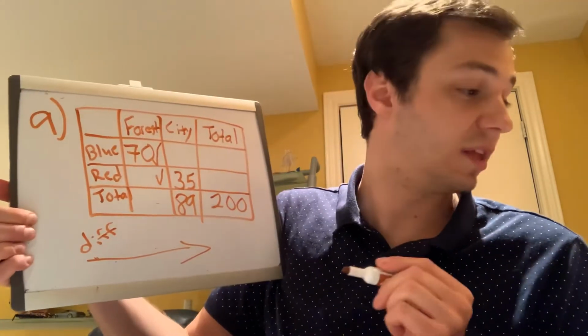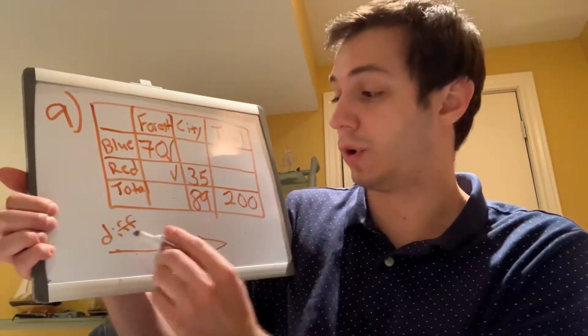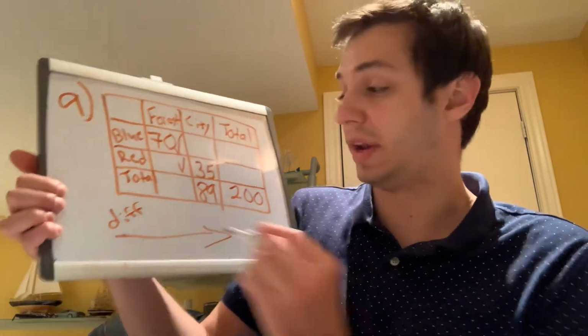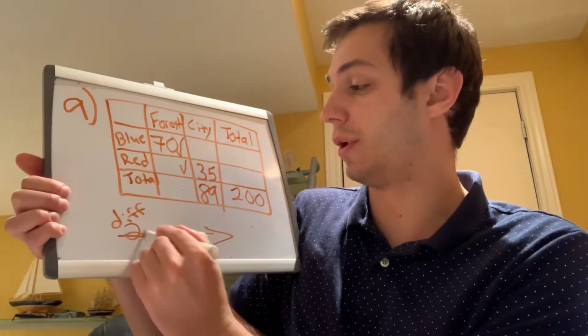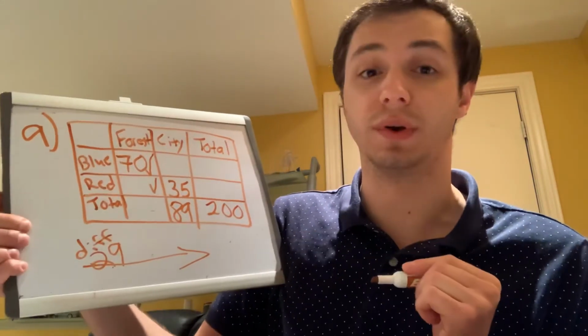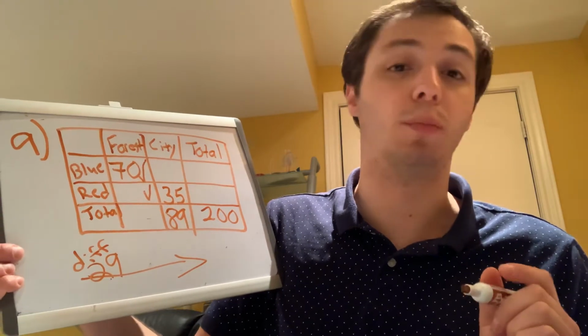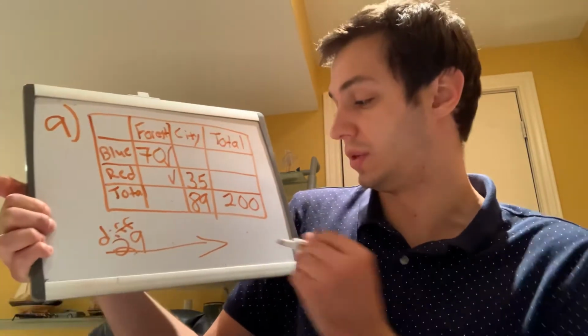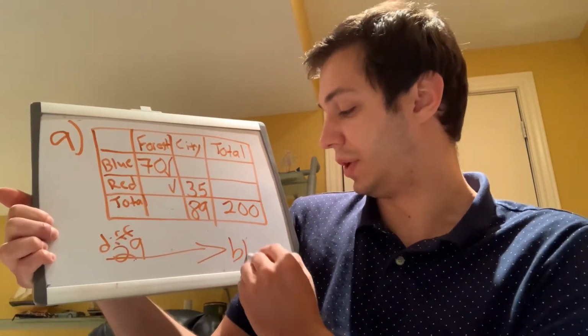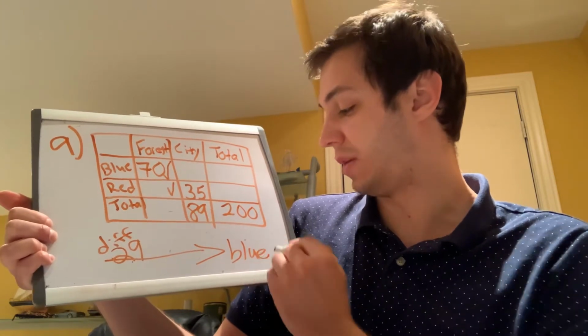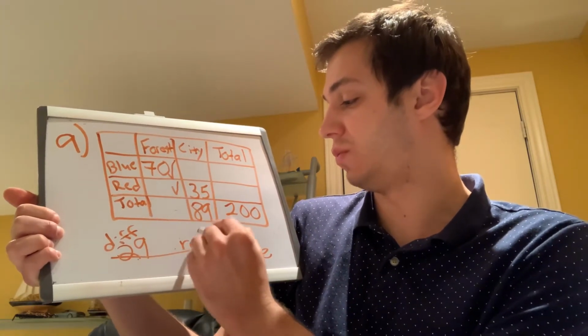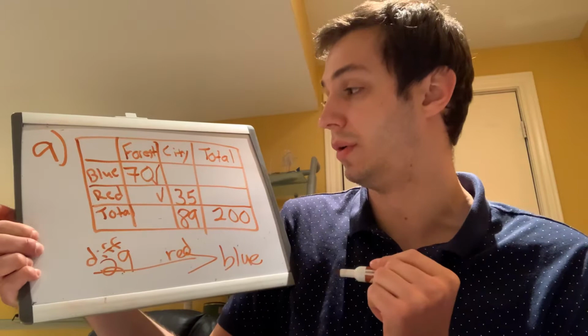The number right beside our keyword was 29, so 29 will be our difference number. The question also tells us that there were more bluebirds than redbirds, so bluebirds will be our big number and redbirds will be our small number.